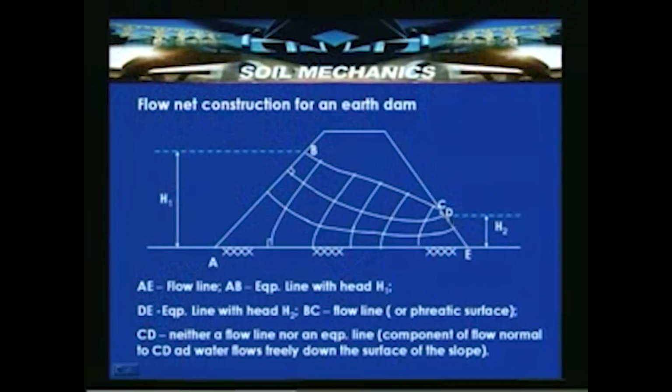If you come to this small stretch shown here, CD, you will see that it is neither a flow line nor an equipotential line, because a component of flow normal to CD exists, and water flows freely down the surface of the slope. So it is eligible from both points of view, as an equipotential line as well as a flow line.